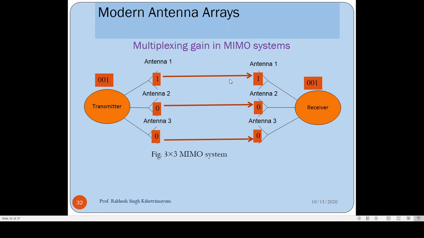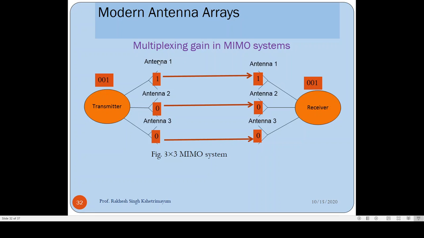In all of this, what you can observe is that the signal you are transmitting from antenna 1 should be going to antenna 1 only, antenna 2 should be going to antenna 2 only, antenna 3 should be going to antenna 3 only. So here we actually want the channels of antenna 1, antenna 2 and antenna 3 to be completely independent.